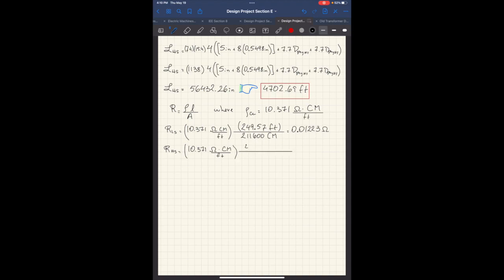The length of the high side is 4702.69 feet, and the circular mill is 26240 circular mill. This becomes 1.859 ohms.